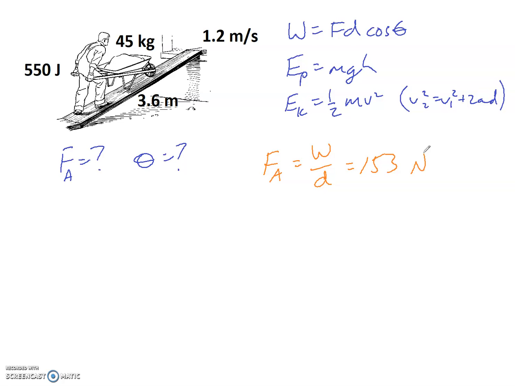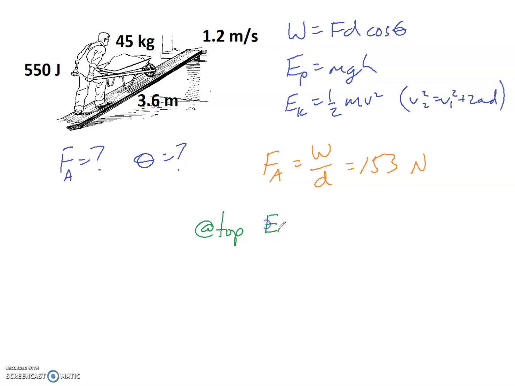Okay, so now let's see if we can find the angle involved. There are a couple ways we can do this. We could incorporate FGX, mg sine theta into the situation, that kind of stuff, but we'll try and do just work and energy type stuff. So we're going to try and use distances. We have the speed at the top here, so I can find the kinetic energy at the top.